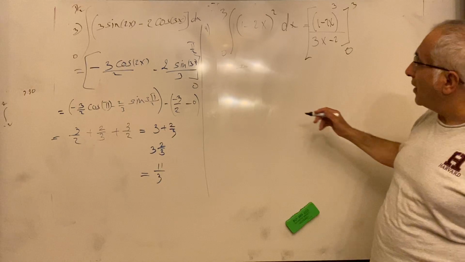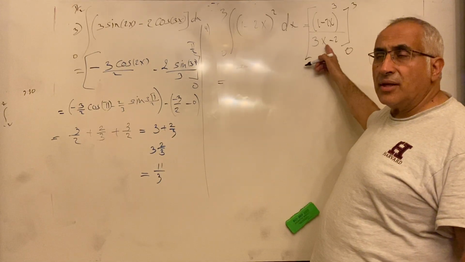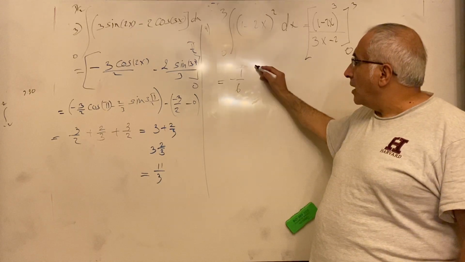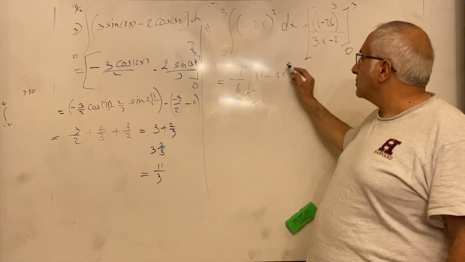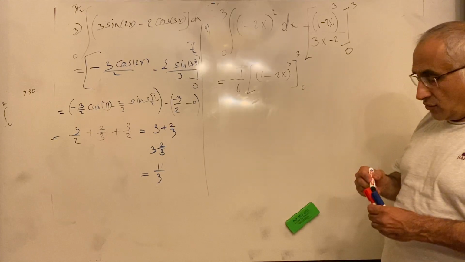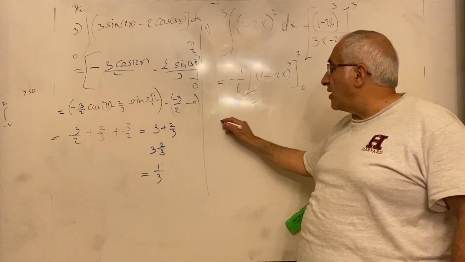I could have simplified that, if you wish. 2 times 3 or 3 times -2 is -1/6. Get it out. And then leave the 1 minus 2x to the power 3. Make life easy. Let it work for your side. So there's no need to keep the -1/6 inside. It's a constant. It's not going to affect the answer.